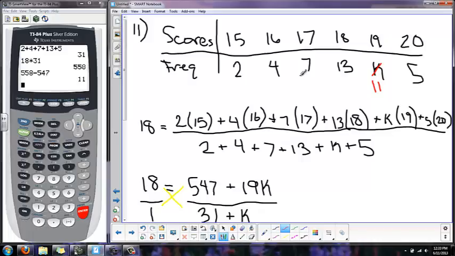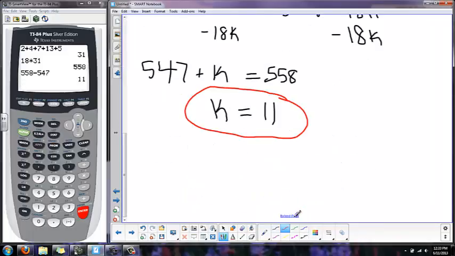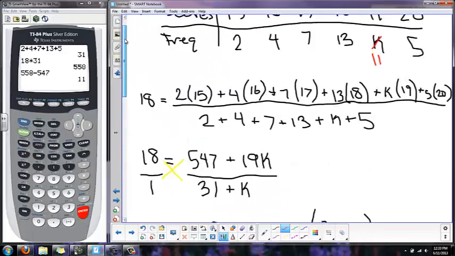Okay, part B, find the mode and the median of all the quiz scores. Find the mode and the median. Well, the median is something I can find out using my calculator. The mode is not.